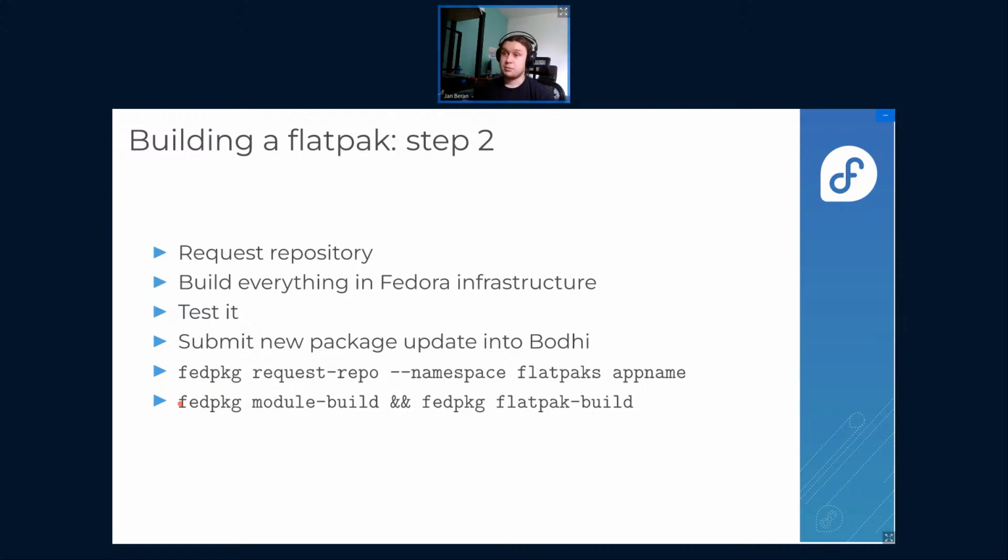And here you have the commands. First command is to request the repository, and the second one is to build a module and Flatpak in the infrastructure. I will not show it because it consumes a little more time than I have now.